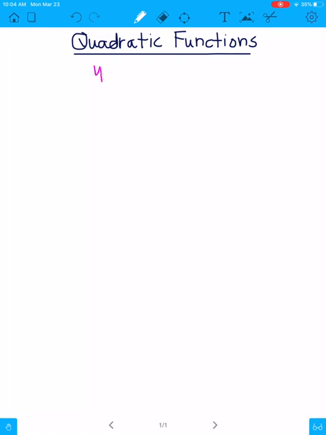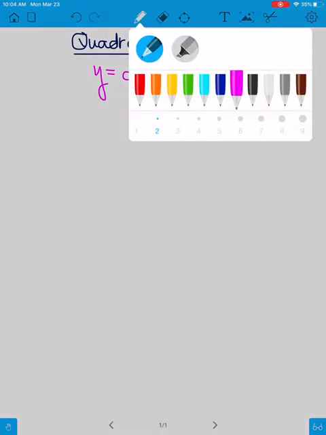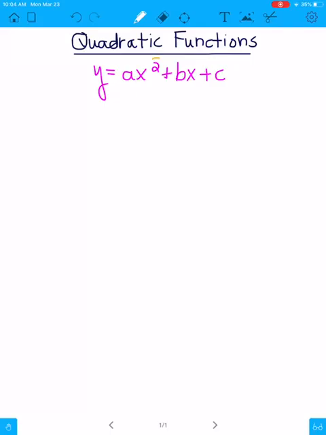Okay, quadratic functions. y equals ax squared plus bx plus c. We're going to look at the 2 first on that squared here. So these are all degree 2 functions, right? We learned about these last year, doesn't matter what class we were in.